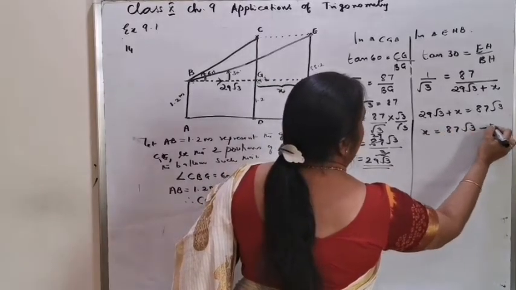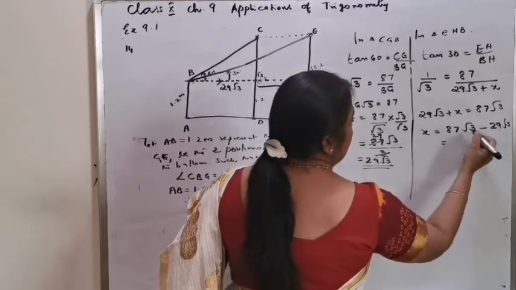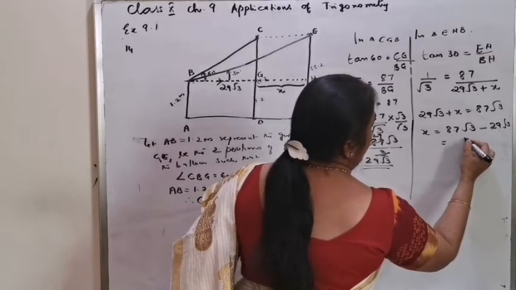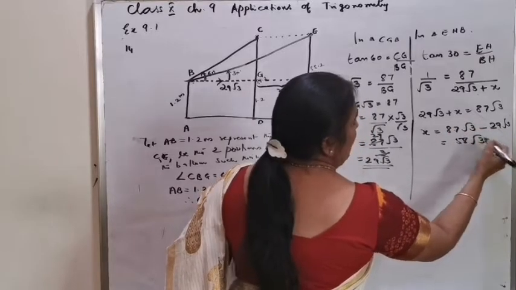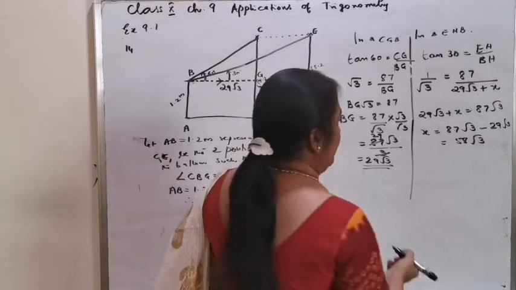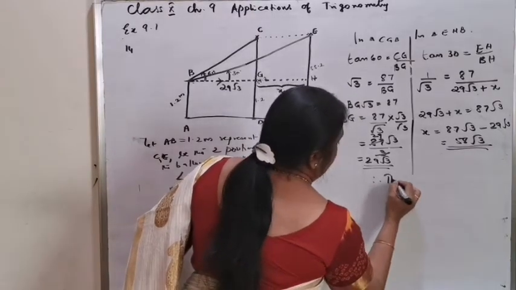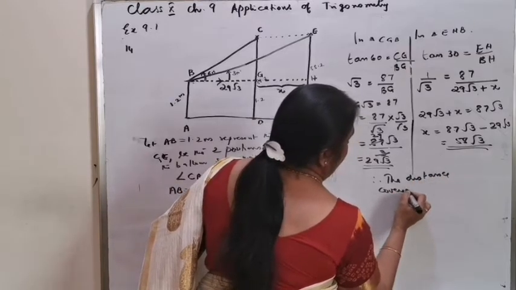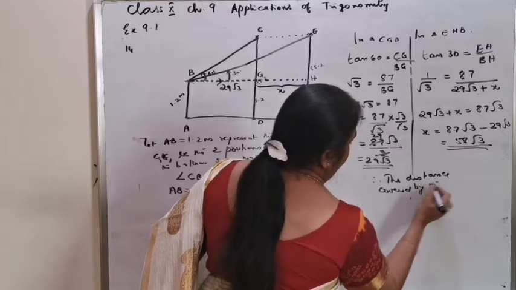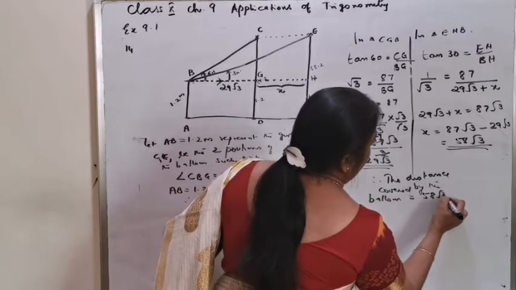What is the value of X? 87 root 3 minus 29 root 3, which is equal to 58 root 3. Therefore, the distance covered by the balloon is equal to 58 root 3 meter.